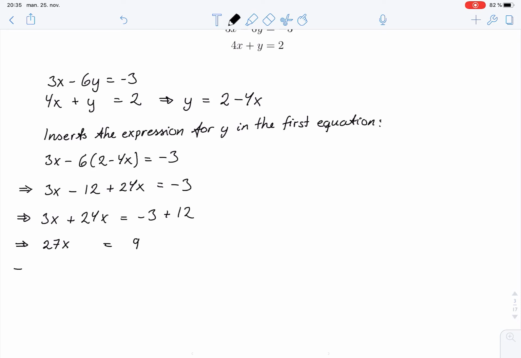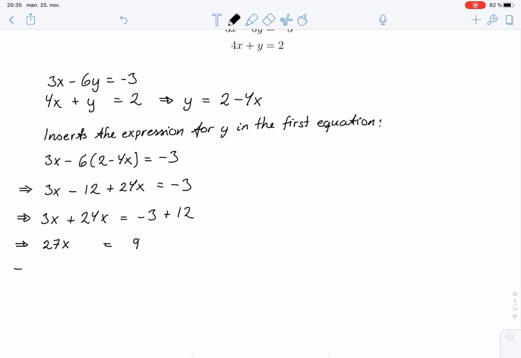Insert x equal to 1/3 into the expression for y. What we did basically here is that first we made an expression for y as a function of x, then we found the x, and now we go back to finding the y.